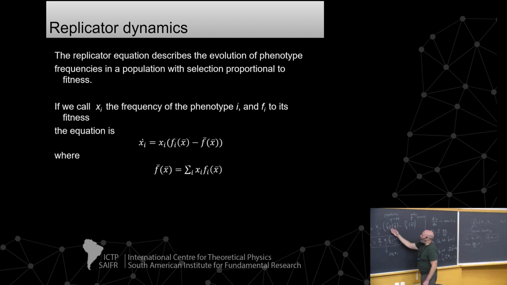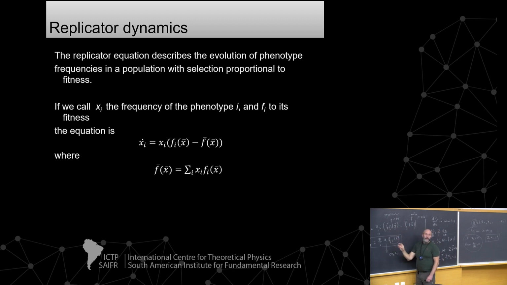Those species with strategies with the highest payoff will increase their proportion, and those strategies with a payoff that is less than the mean payoff will decrease. Because if this is higher than the mean payoff, the derivative will be positive. And if this is less than the mean payoff, the derivative will be negative.